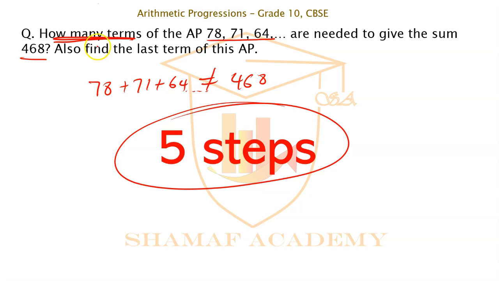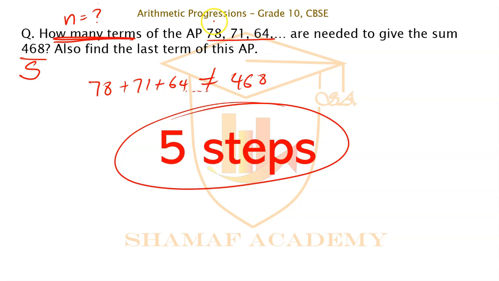So how many terms is what they're asking, and let's call this our how many terms as n. We don't know what is our n. We have our sum, which is 468. Let's denote that with S. And we have our terms 78, 71, 64. This is our first term, this is our second term, then 64 is our third term.